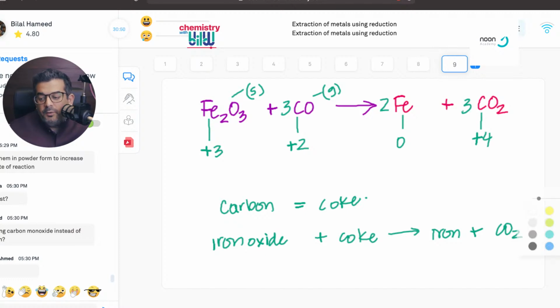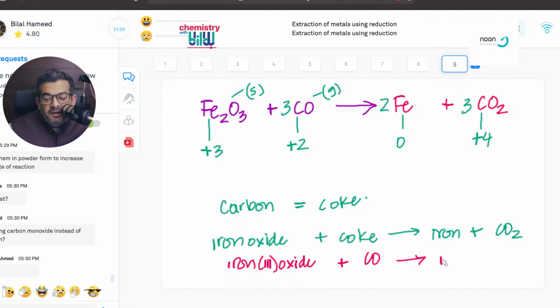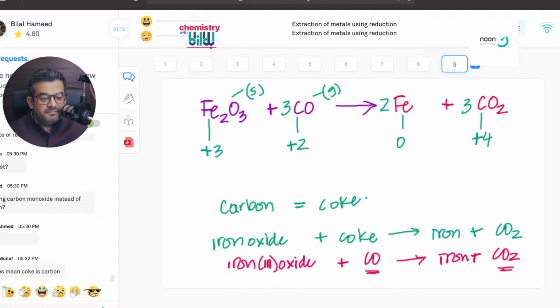But what we end up doing is we take the iron oxide, the iron 3 oxide, and react that with carbon monoxide, and we get iron and we get carbon dioxide. And so that's the industrial process of the blast furnace. All right.